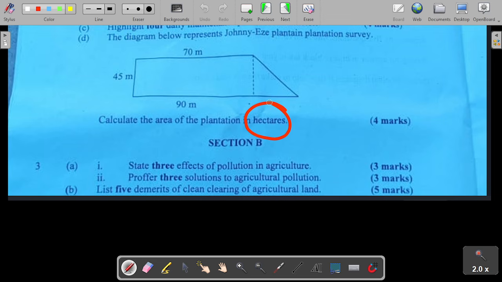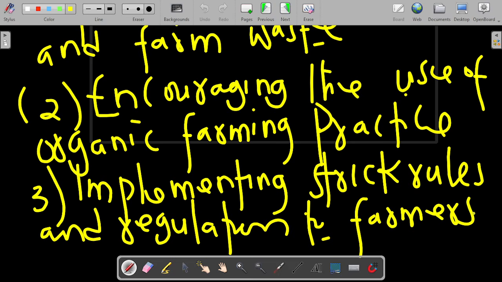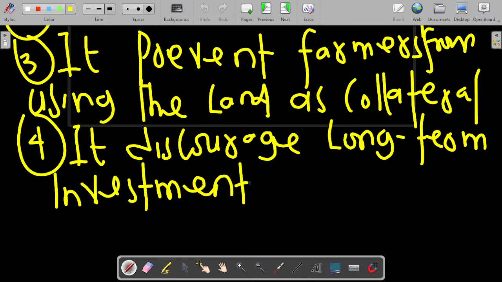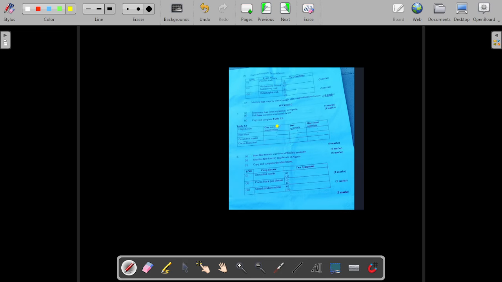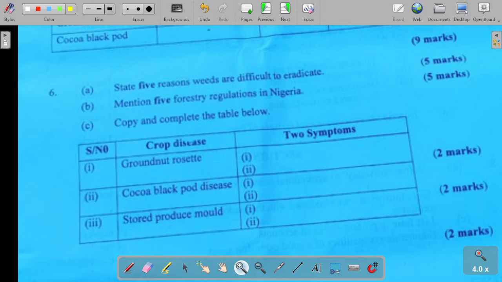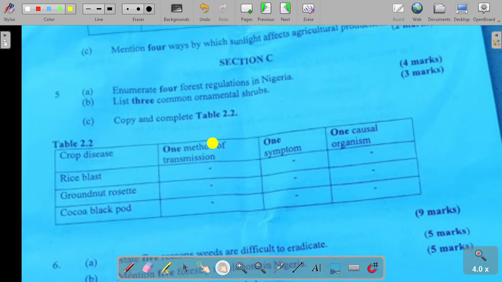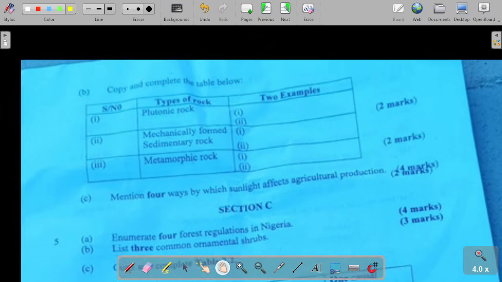Let me find question 3C. Okay, here you go. Here is question 3.